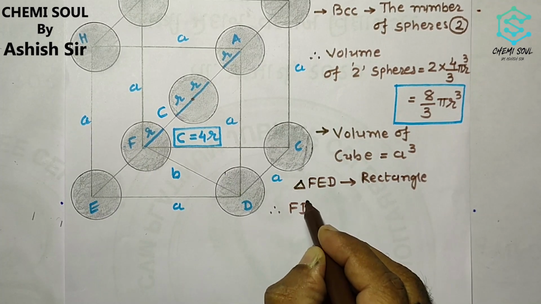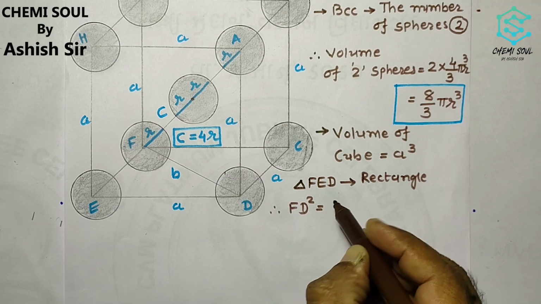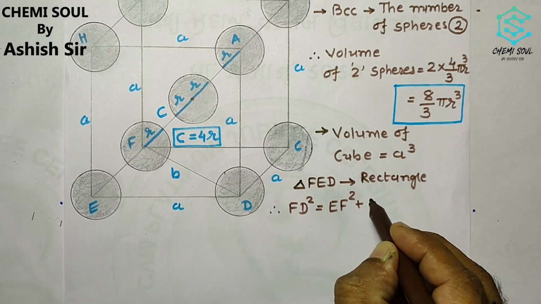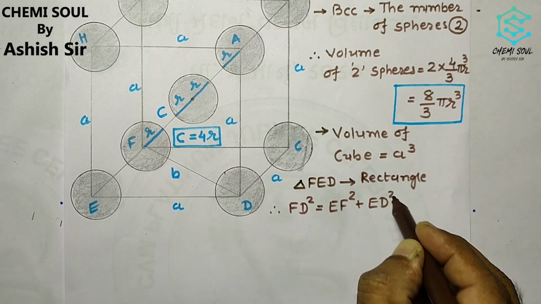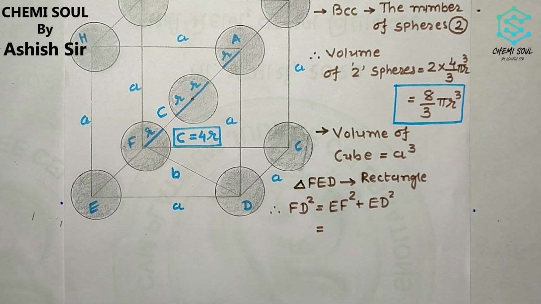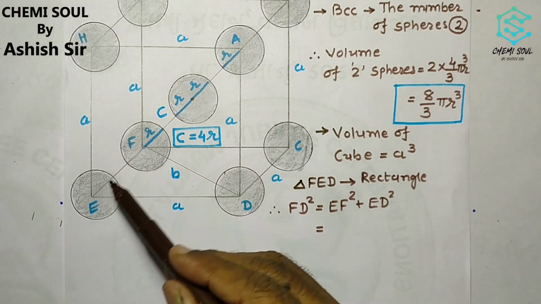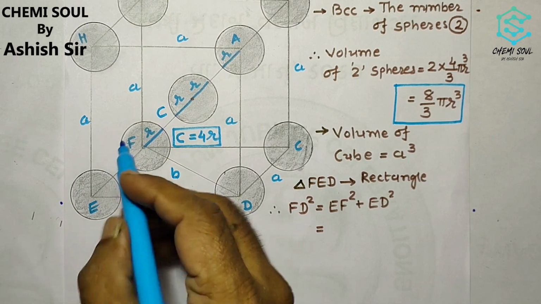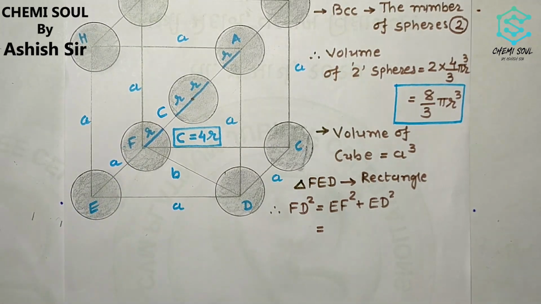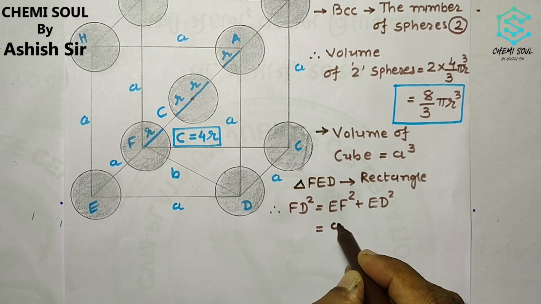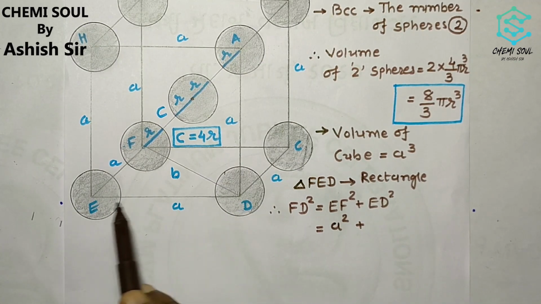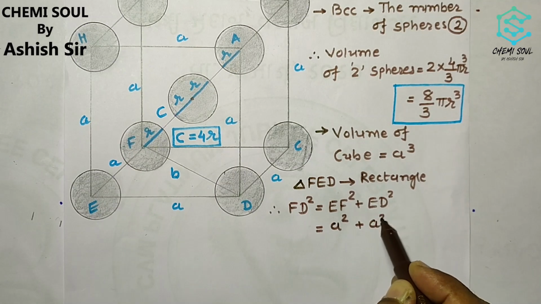FD square is equal to EF square plus ED square. EF is one edge of the cube with length a, so a square, and ED is also a square.